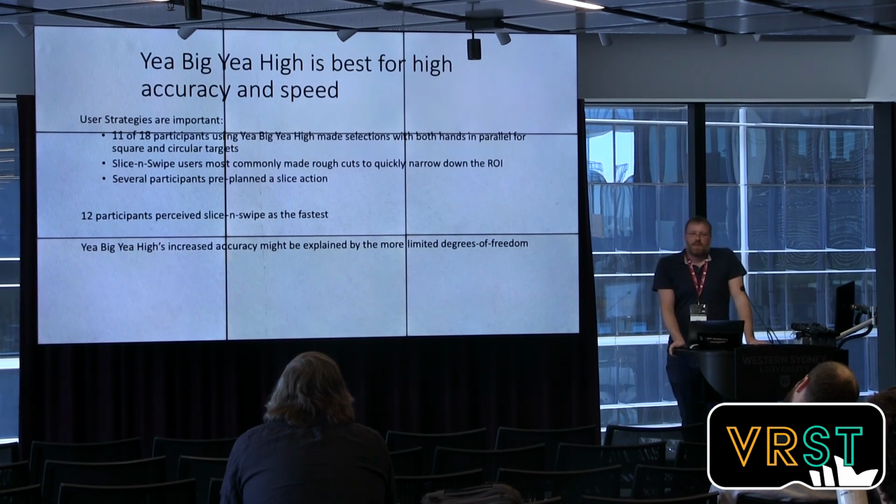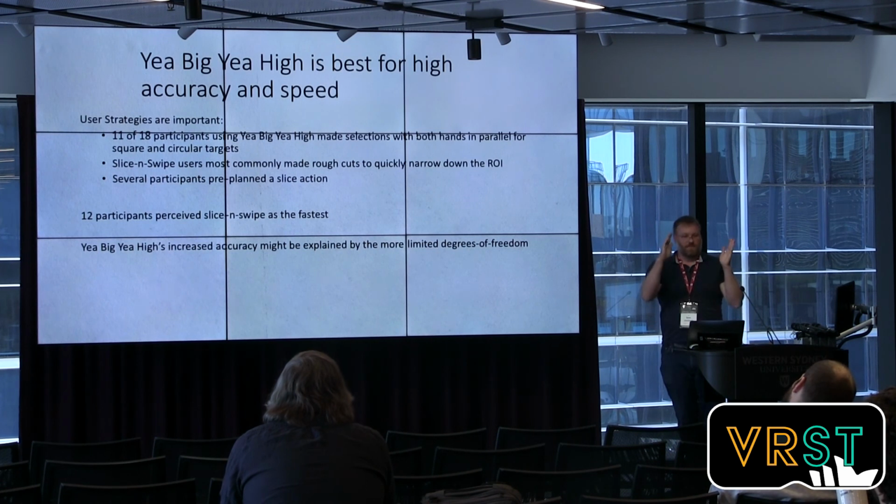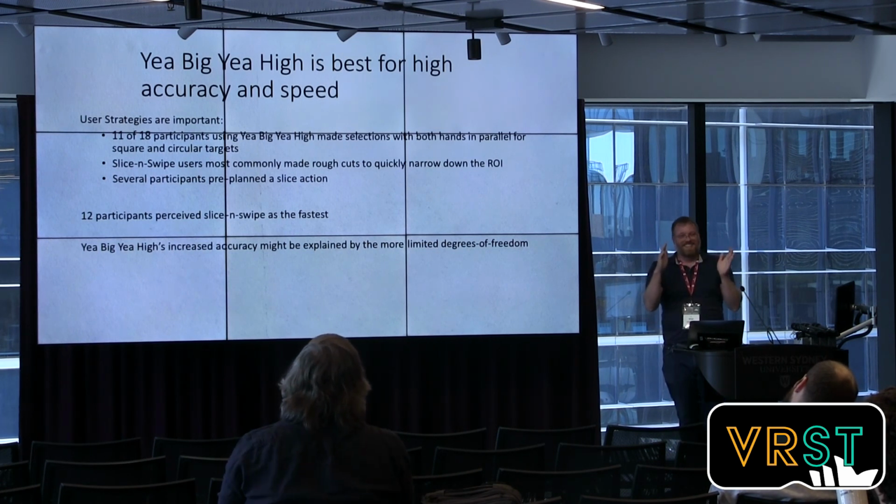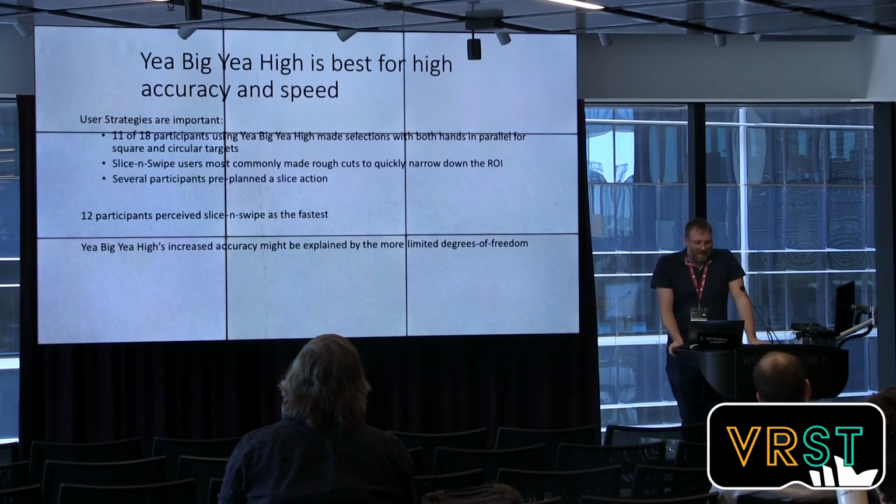And we noticed that 11 out of the 18 participants, when they were making selections of square or circular targets, would essentially cut both edges of the sides of the square at the same time. So if you were perfect, you could select a square in 2 operations with Yea Big, whereas the other techniques you would potentially need 4.